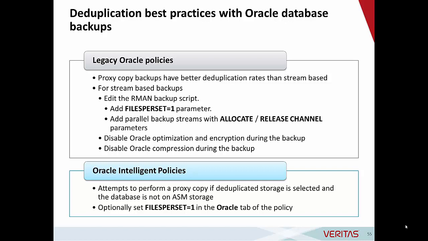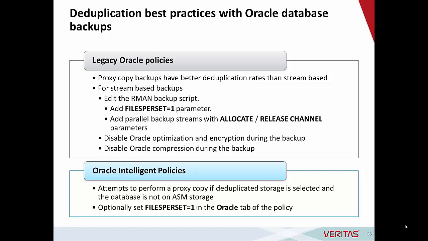RMAN is really only interested in performance, and this multiplexing, this combining of data, very well may happen differently in different backups, which means that the data that NetBackup receives is arranged differently in different backups, and that is a big impediment to good dedupe rates. The more of this that goes on, the worse your dedupe rates get.